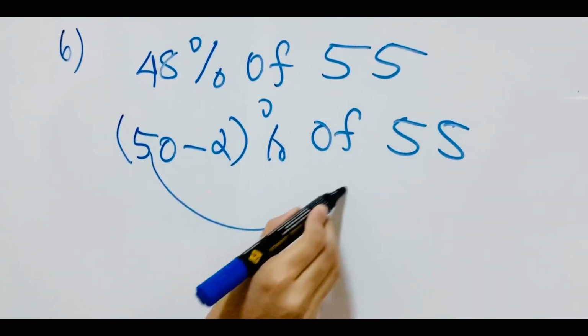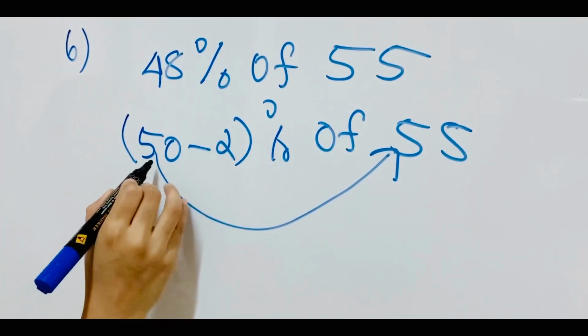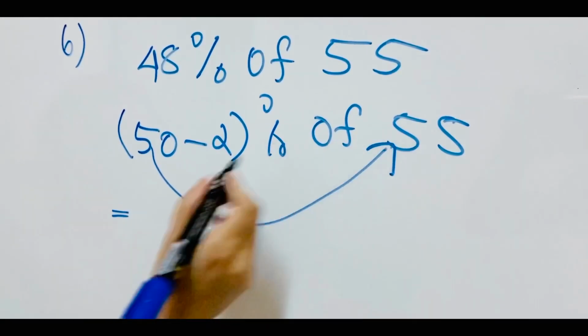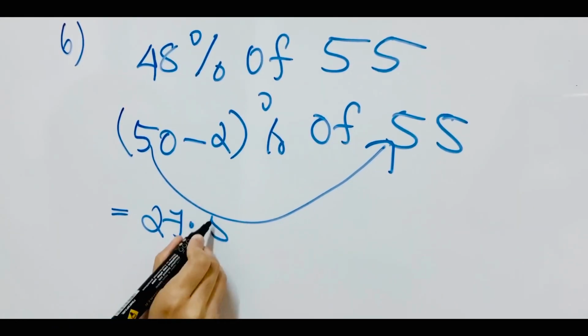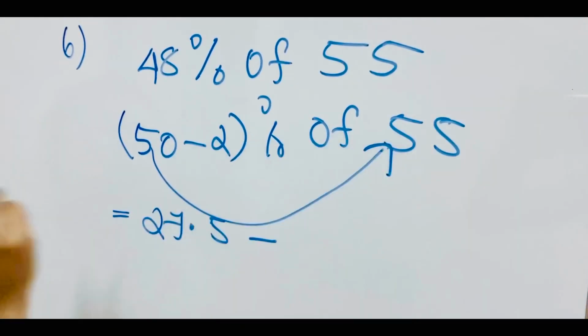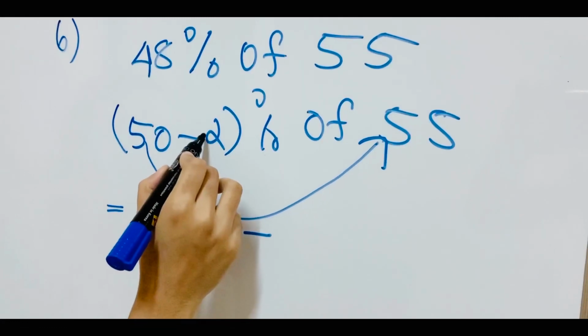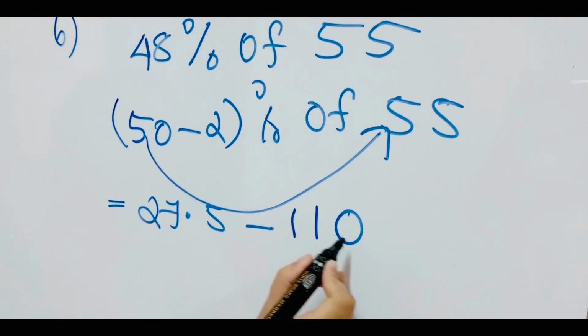Now multiply this with this. That is 50 percentage of 55. 50 percentage means half of this number. So half of 55 is 27.5, minus 2 into 55. Here there is no zero, just multiply 55 into 2, that is 110.